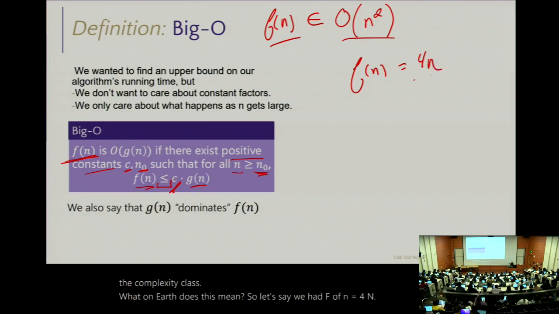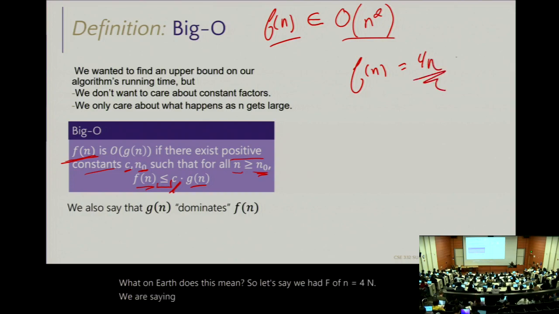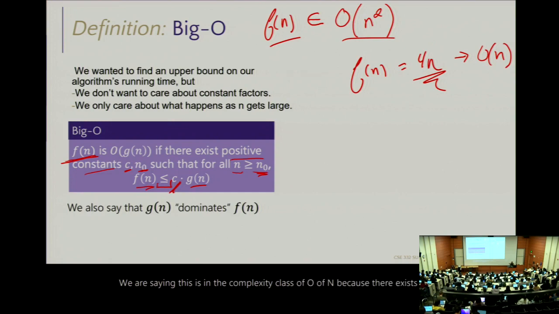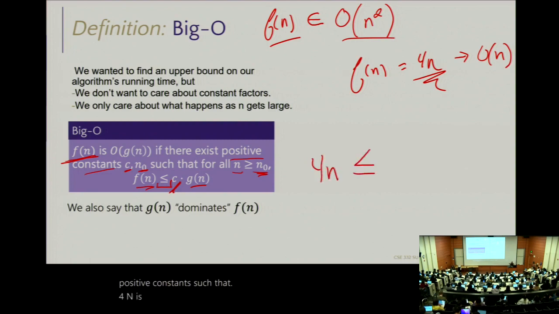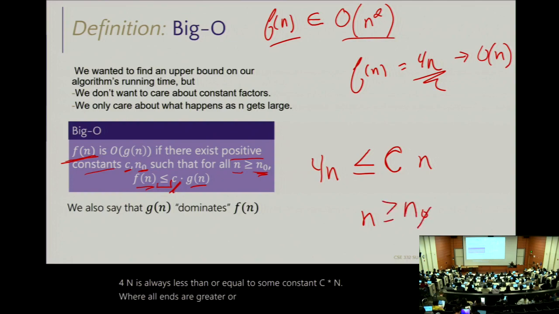We are saying this is in the complexity class of O of n because there exist positive constants such that 4n is always less than or equal to some constant c times n, where all n's are greater than or equal to n naught.